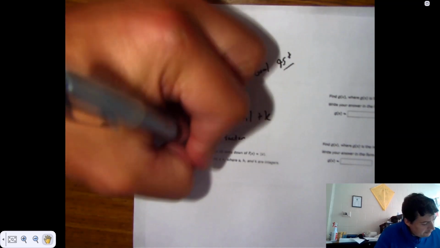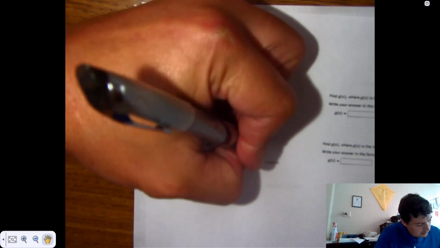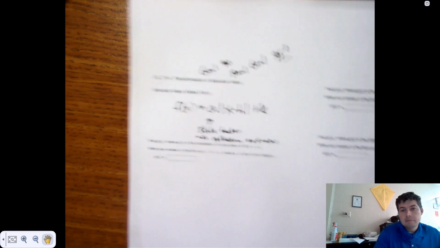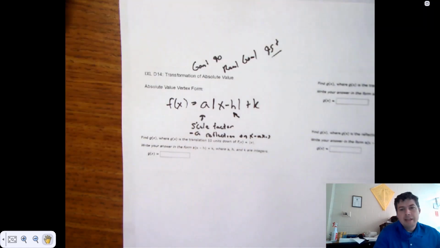A negative a is a reflection on the x-axis. Okay. Now, h is kind of nice. It literally stands for what we call a horizontal shift.